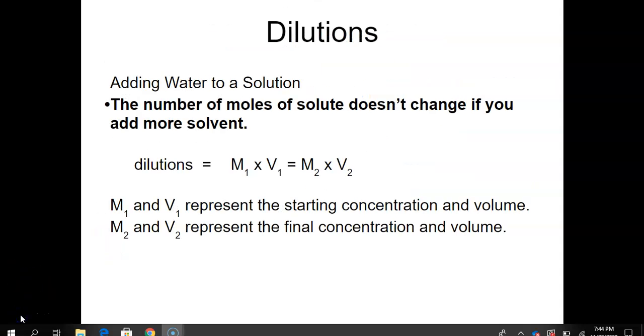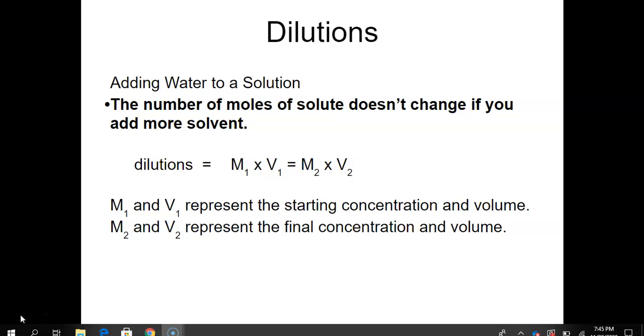A dilution, again, is when you're going to add water or more solvent to your solution. The number of moles doesn't change, it's just the amount of your solvent changes. And so we have a particular formula for that, which is M1V1 equals M2V2.